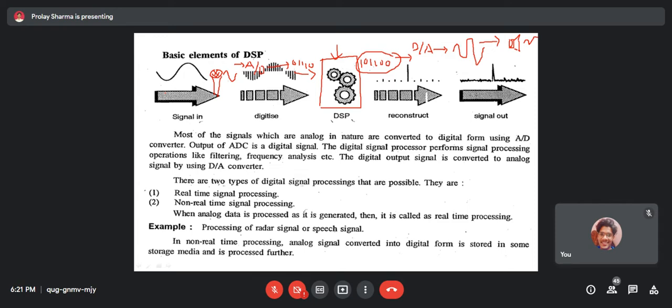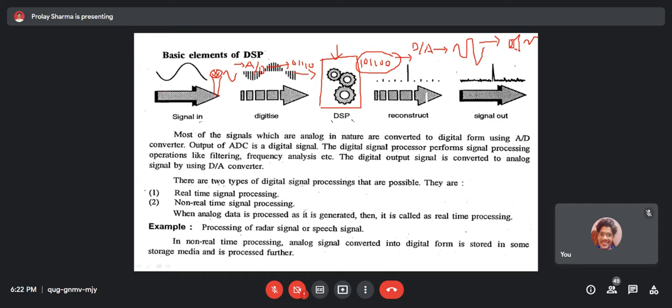So the radar signal and the speech signal, suppose I am talking and you are listening, the process happening in between in wireless communication has to be done in real time. Otherwise, the communication process will not be valid and the purpose will not be fulfilled. So this is called real-time processing.